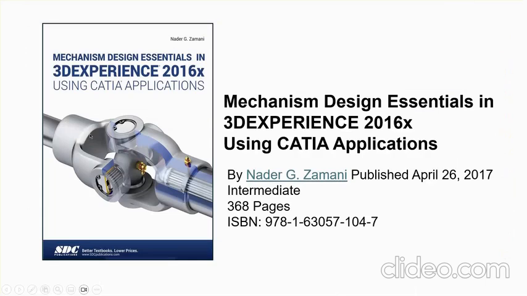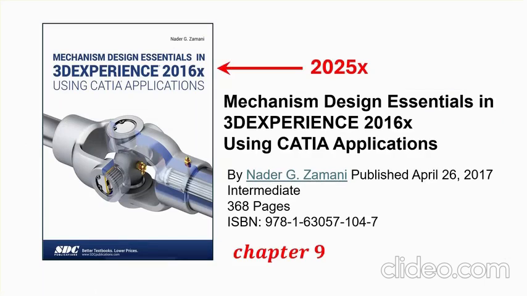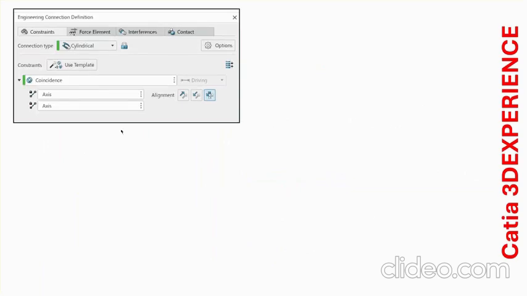If you look at chapter 9 of this document that I wrote about 9 years ago, it deals with modeling a universal joint, but it's an old version of 3D Experience. A lot of things have changed since then, and it really pertains to that particular tutorial.